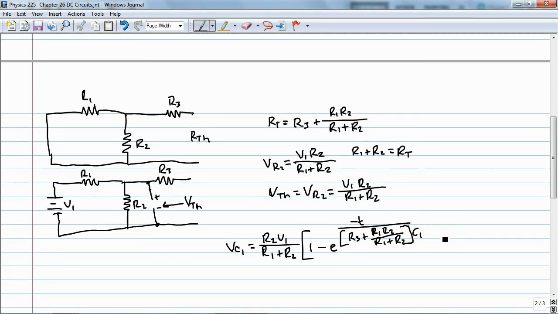And so this can be easily written as our Thevenin voltage times 1 minus e to the negative t over our Thevenin resistance times C1.